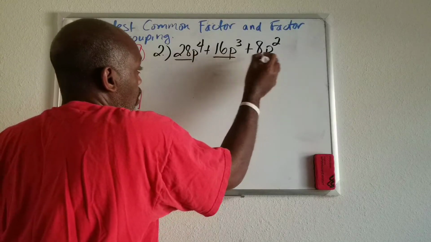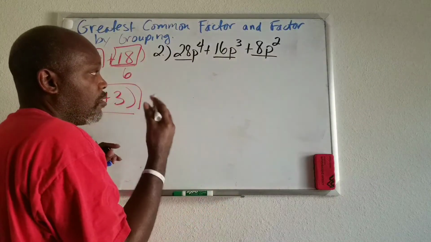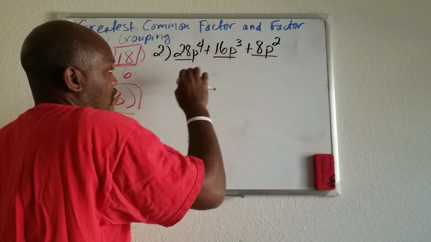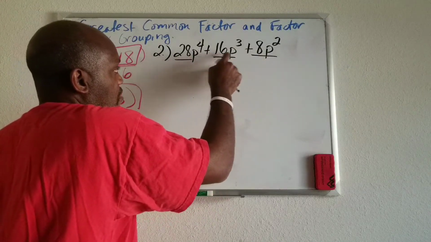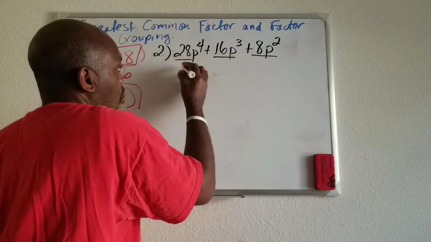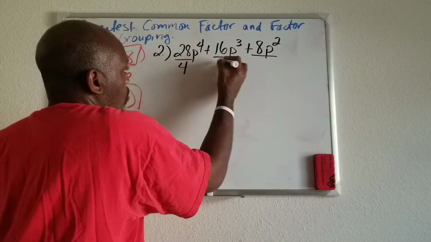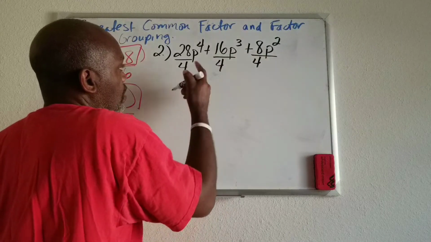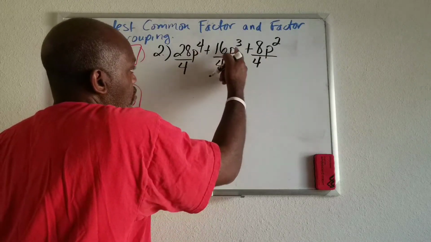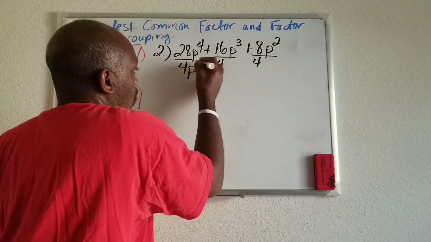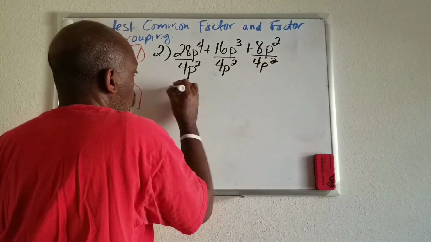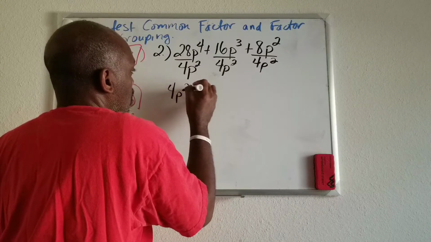I did the line just because I know that I'm going to be dividing out, so I use the line to start my division process. So 28, 16, and 8, the greatest common factor between those three is 4. Okay, the greatest common factor is 4. p to the 4th, p to the 3rd, p to the 2nd: the smallest exponent is p to the 2nd. So I am going to factor 4p to the 2nd out.